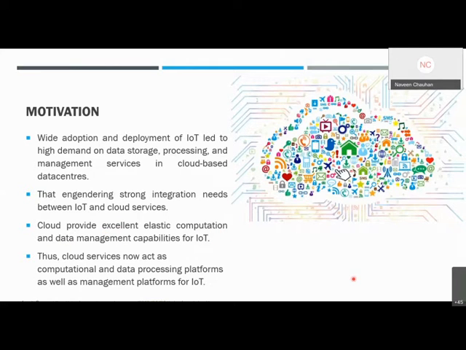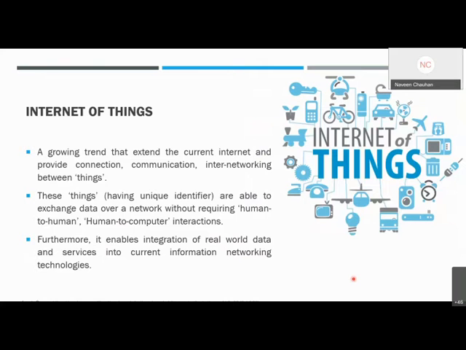So thus cloud services now act as computational and data processing platforms as well as management platforms for the IoT. I don't want to indulge in the basic definitions of the Internet of Things, as everybody nowadays has an idea about that.